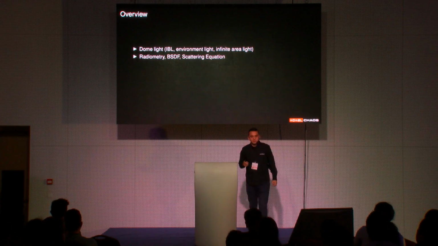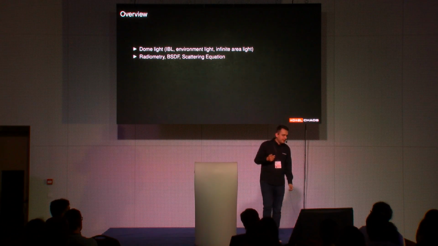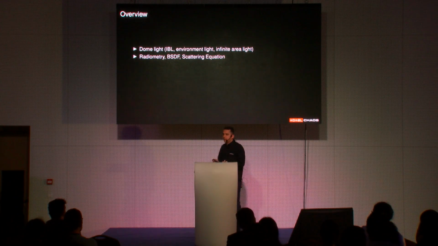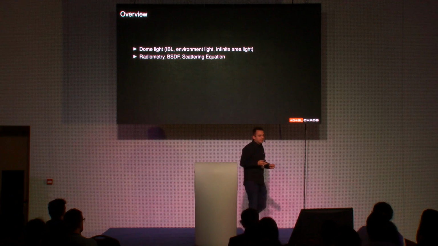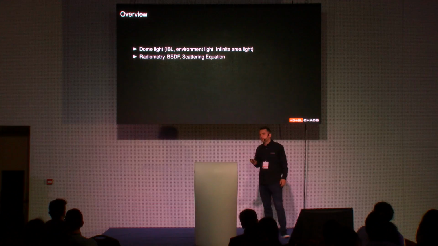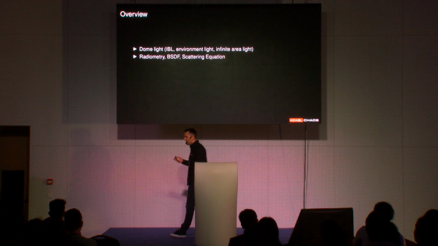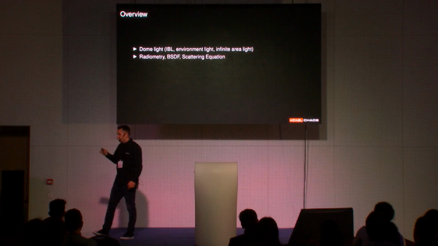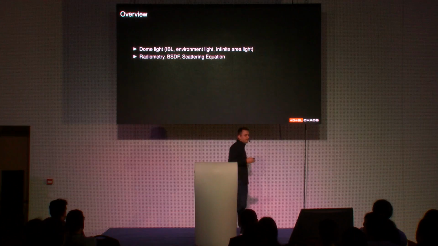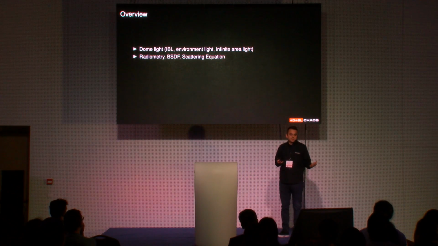I will say just a few words about radiometry in order to be able to define the BSDF, which is the mathematical tool which describes materials. Then we will need the BSDF in order to define the scattering equation. This is an equation that describes how light is reflected, is scattered at a point, and we need to be able to define and solve this equation in order to compute images.